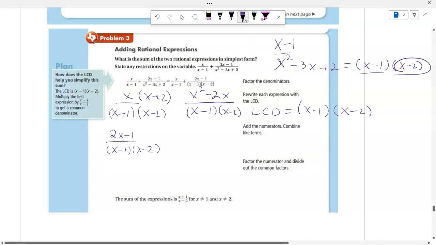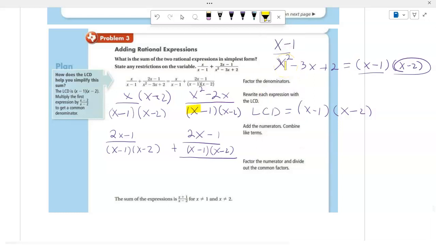Now in the second fraction, we have 2x minus 1 over x minus 1 times x minus 2. Now we can add, since we have the same denominator. So we're going to go ahead and add. We have x squared, negative 2x and 2x is gone, it's going to be 0, minus 1 over x minus 1 times x minus 2.